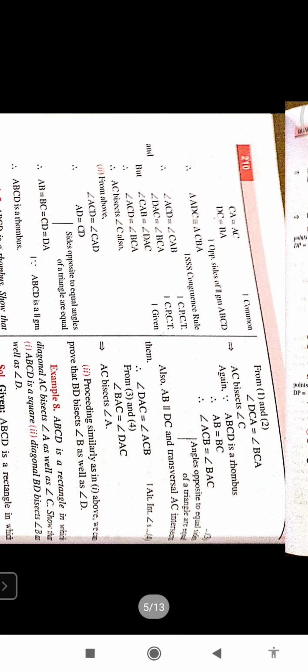Now from 1 and 2, we can say that angle DCA equal to angle BCA. These two angles are equal. Then we can say that AC bisects angle C. So we have proved here for the vertex C. Now another vertex is A. So again ABCD is a rhombus, AB equal to BC, angle ACB equal to angle BAC. Angles opposite to equal sides are equal. This is result number 3.